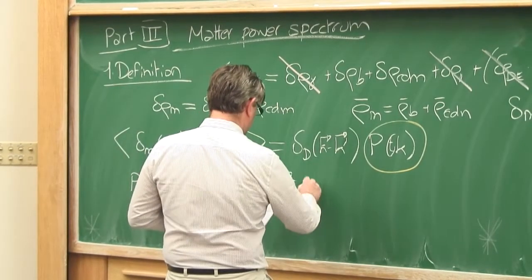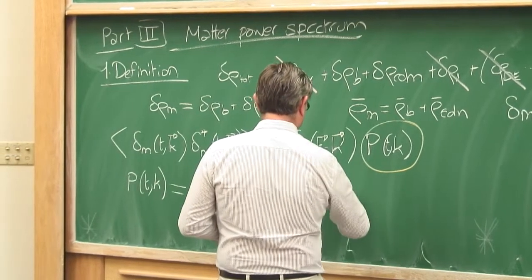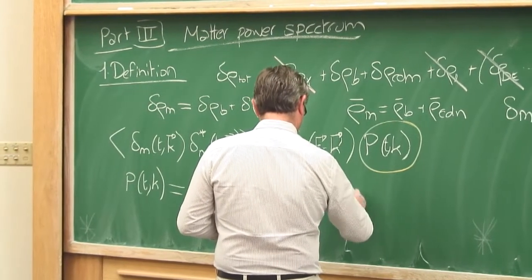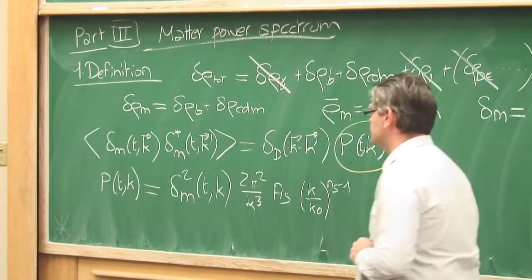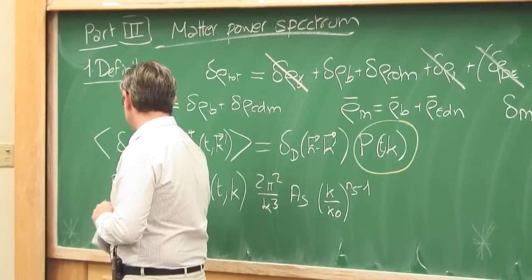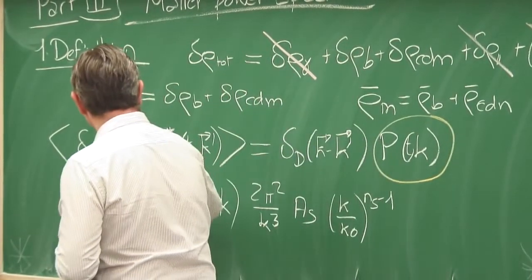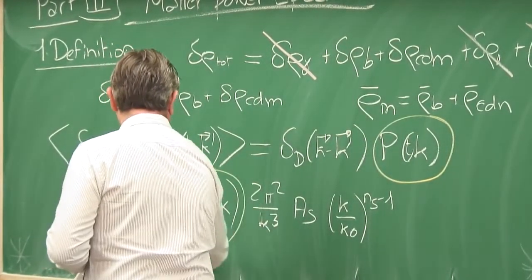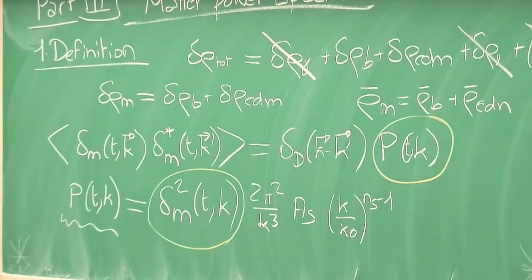You can check the notes of the previous lecture, times this amplitude, times this tilt. Okay, so we are interested in the computation of this matter power spectrum for a given primordial spectrum. And so the interesting quantity at the end is just this transfer function of matter fluctuations.